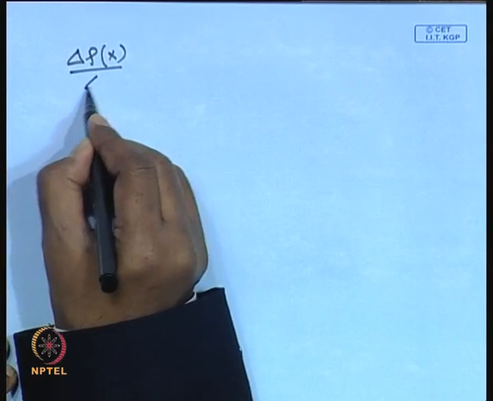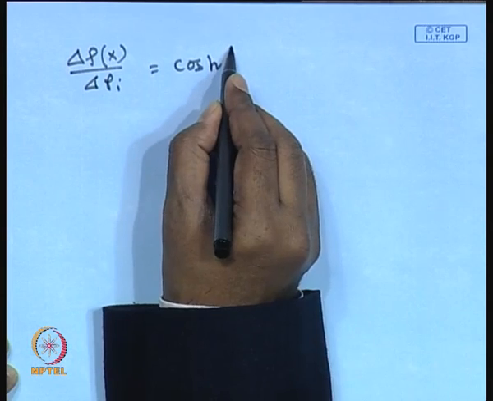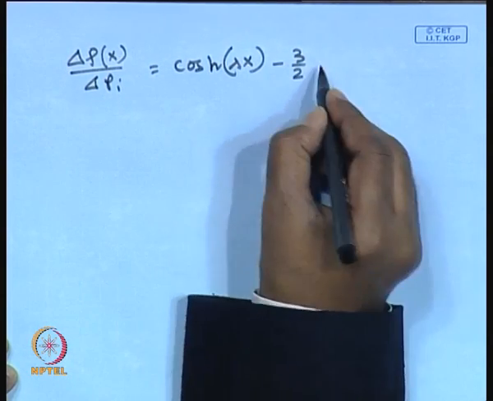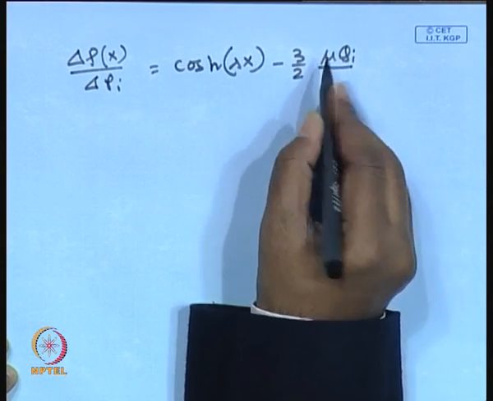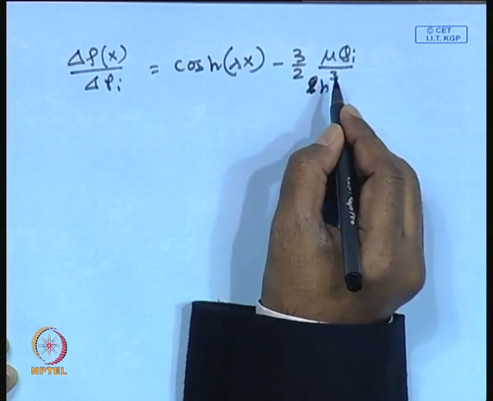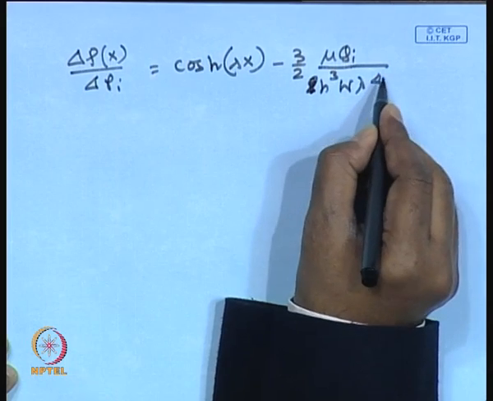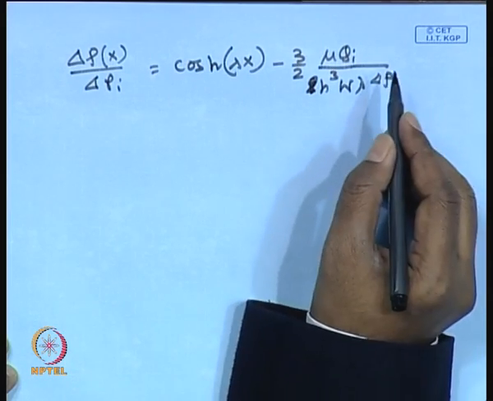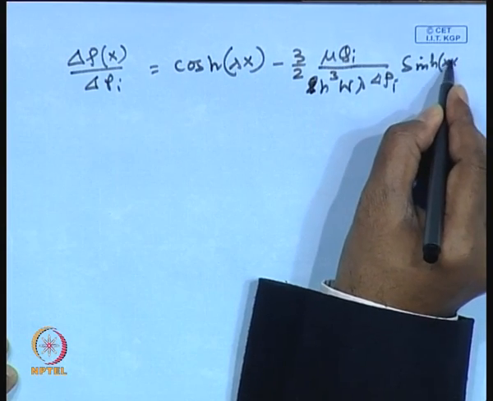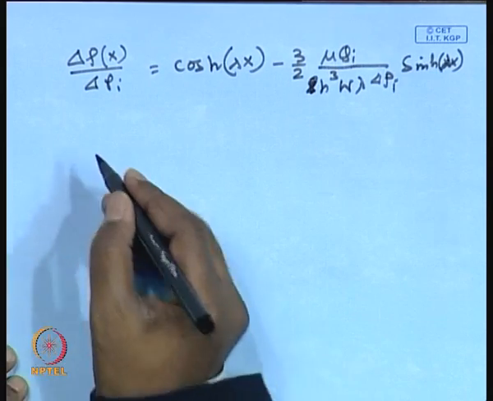divided by delta p I is nothing but cosh lambda x minus 3 mu q I divided by 2 h cube w lambda, where w is the width, divided by delta p I, where delta p I means at the inlet, sinh lambda x.